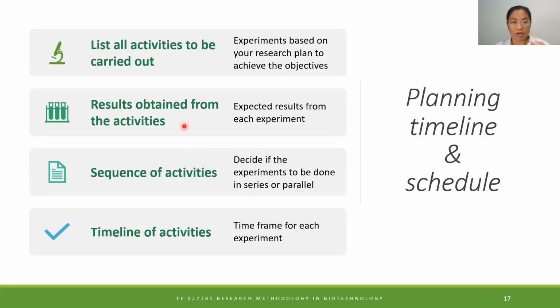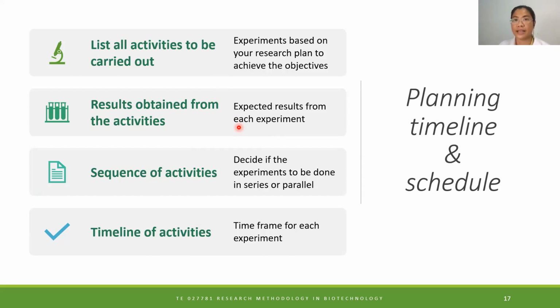making more effective research, is thinking about the result that you could obtain from each of the activities that you listed out. So basically, what results you expect from each experiment, okay? And with expected results, it will give you the idea of what data you are going to collect and what analysis will be involved.